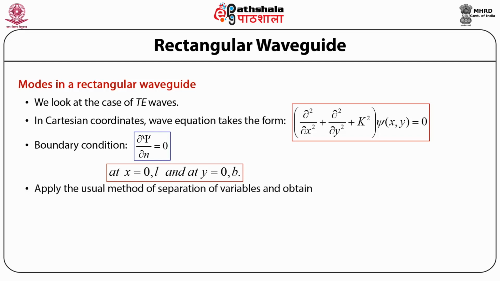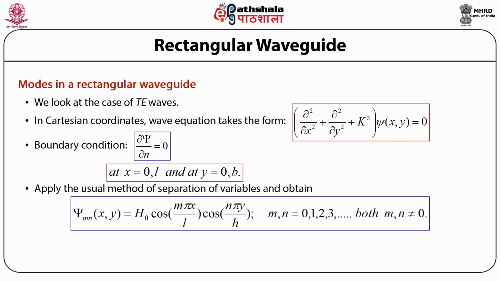So applying the usual method of separation of variables, we then obtain the wave function psi subscript m n as a function of coordinates x and y is equal to h naught times cos of m pi x by L times cos of n pi y by b, where m and n are integers which take the value 0, 1, 2, 3 and so on, and m and n are not both equal to 0.